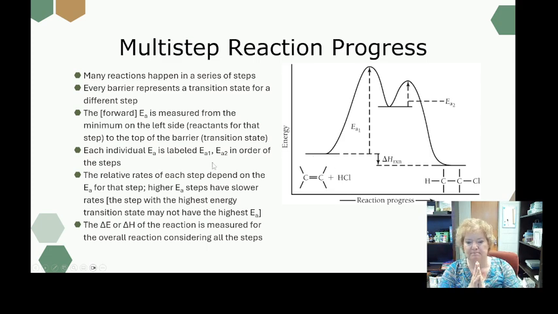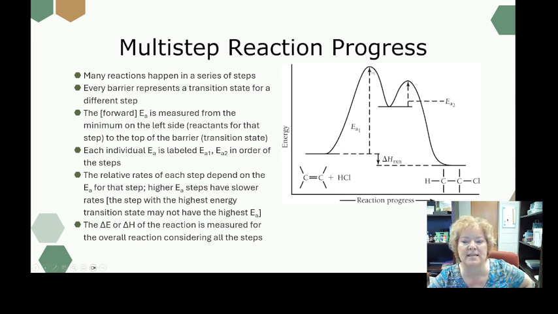This is also because we know the higher the activation energy, the slower the reaction. Note that the first hump is taller, it has a higher energy transition state, so the activation energy of the first one is very big, and the activation energy of the second reaction is very small.